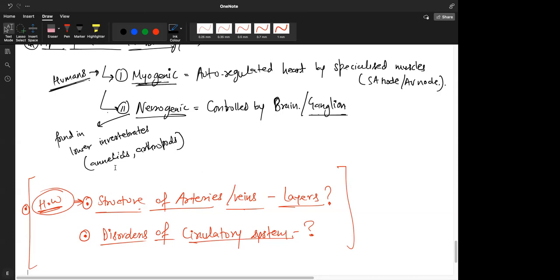So what happens during RBC's development is RBC itself is responsible to transport oxygen, correct? Now imagine if the RBC itself is a metabolically active cell, when it takes oxygen from the lungs, by the time it reaches your feet, it will use some of it itself, right?